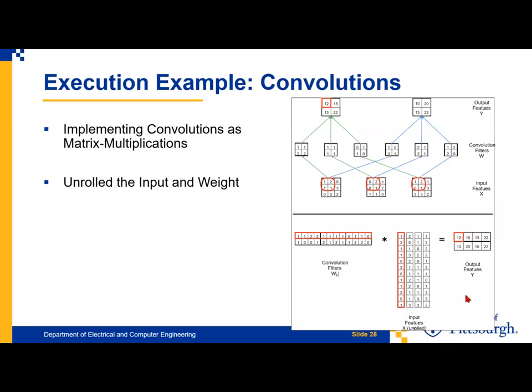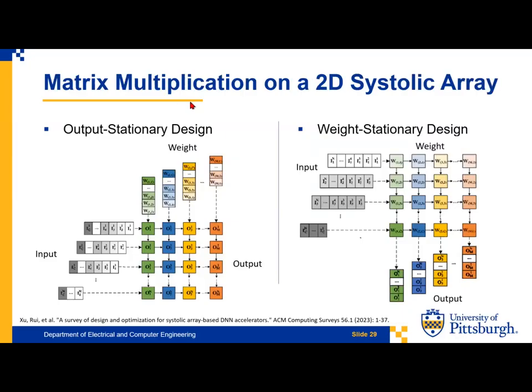So from this slide, we can see that we just need matrix-to-matrix multiplication, and we can use it to simulate the convolution operation. So this slide shows how to do the matrix multiplication on a 2D systolic array.